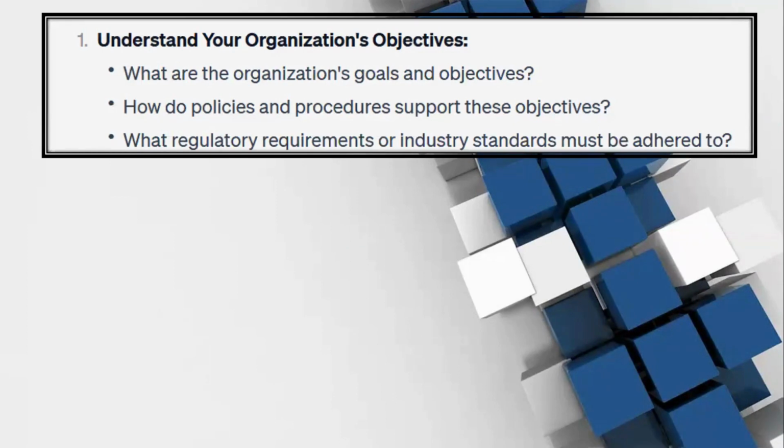So you have to understand the organization's objectives. What are the main reasons for that particular policy? These are some questions that you need to be asking or thinking about. What are the organization's goals and objectives? How do policies and procedures support these objectives? What regulatory requirements or industry standards must be adhered to?